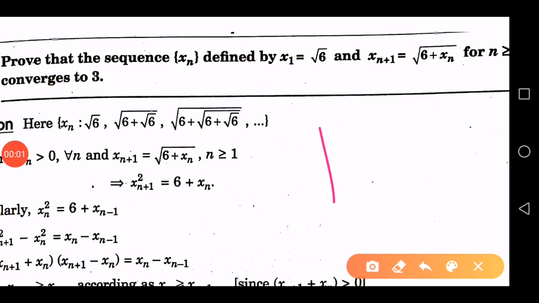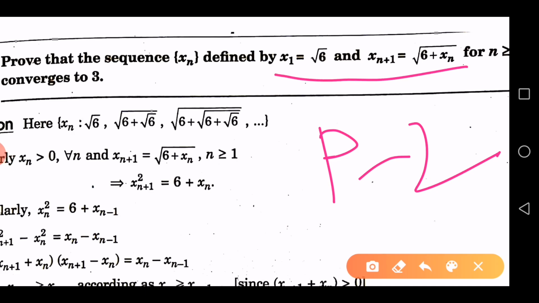This was problem 2. The sequence xn is defined in this way, where the first term is root over 6 and any later term can be expressed as square root of 6 plus the previous term. That is xn plus 1 is equal to root over of 6 plus xn for all n greater than equal to 1.